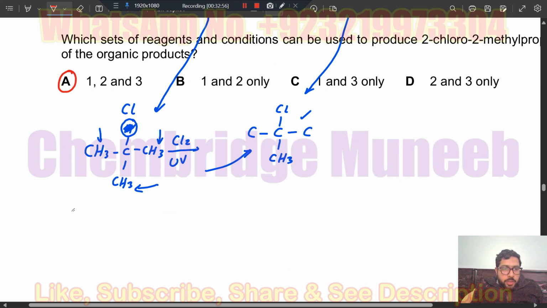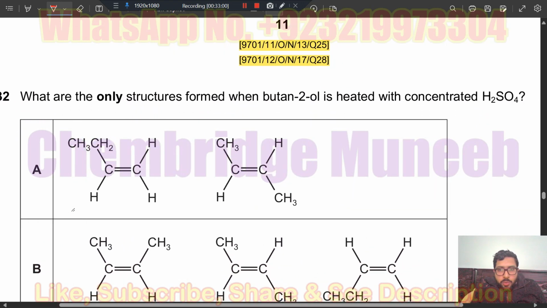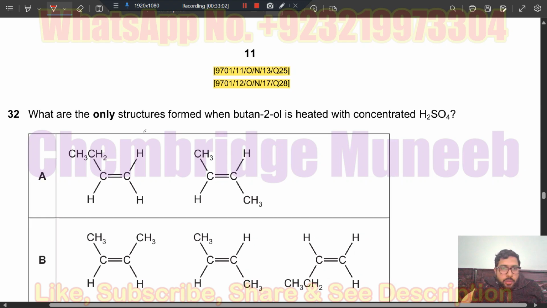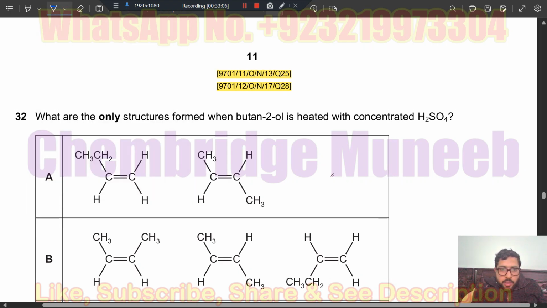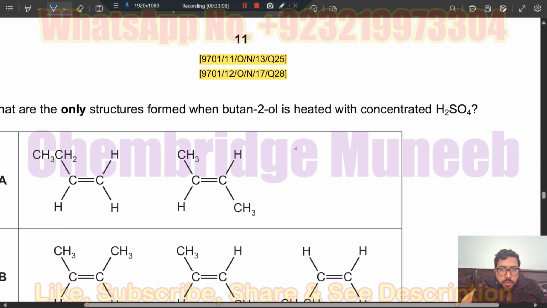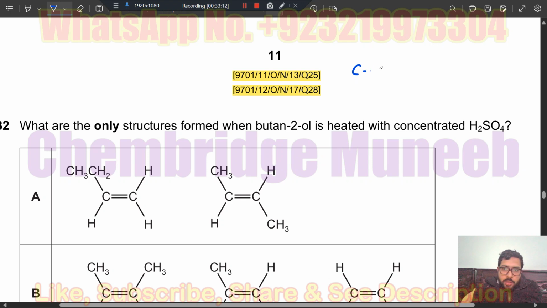Now question number 32. What are the only structures formed when butan-2-ol is heated with concentrated sulfuric acid? So for this purpose, we must have a clear idea of the reaction of butan-2-ol. Alright, butan-2-ol looks like this structure. It has alcohol on the second carbon.